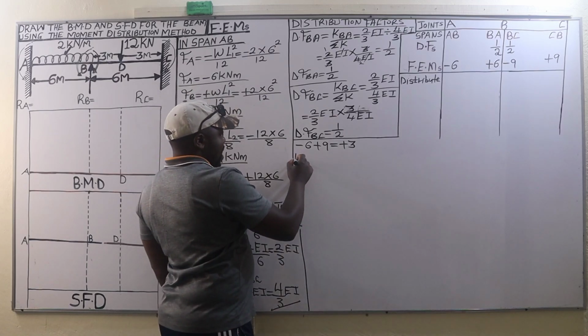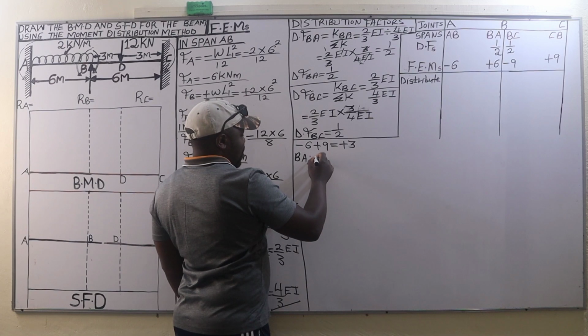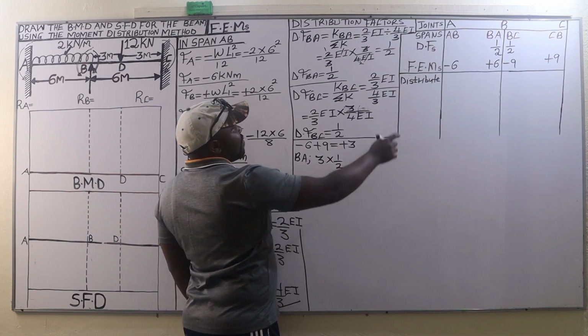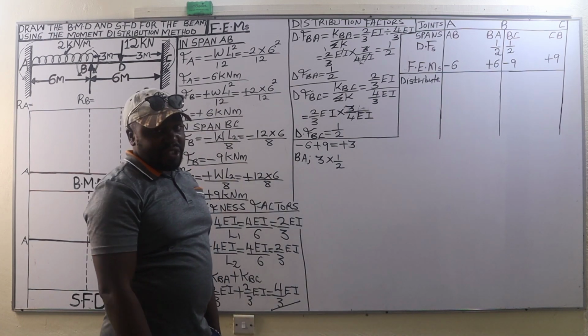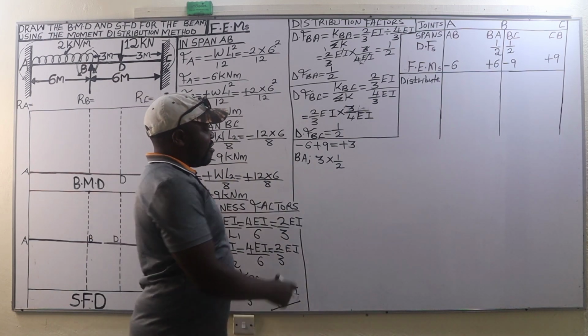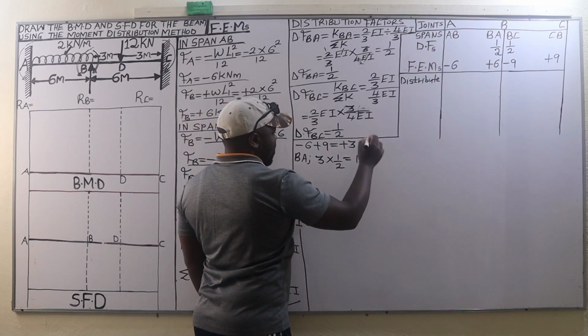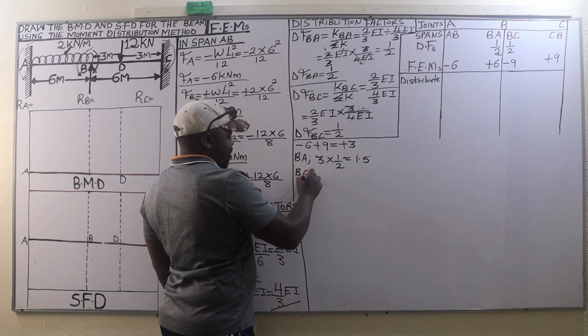So on member BA, we are going to distribute this positive 3 kilonewton meter by the value of the distribution factor for the member BA, which is a half, and that's going to be 1.5 kilonewton meter. For the member BC, we are going to do the same.